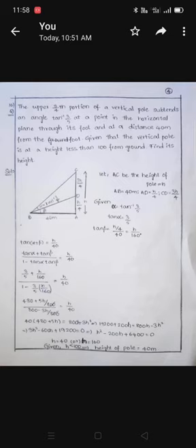Now I am applying the tan of alpha plus beta formula. What is the formula? Tan alpha plus tan beta by 1 minus tan alpha into tan beta. Substituting it, we get tan alpha plus tan beta by 1 minus tan alpha tan beta is equal to h by 40.